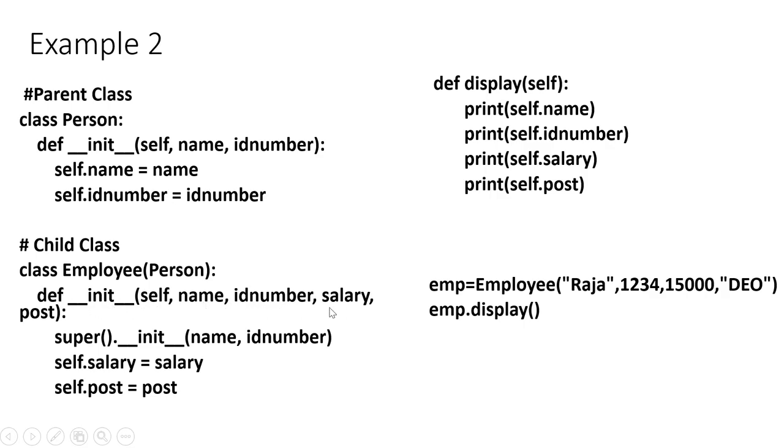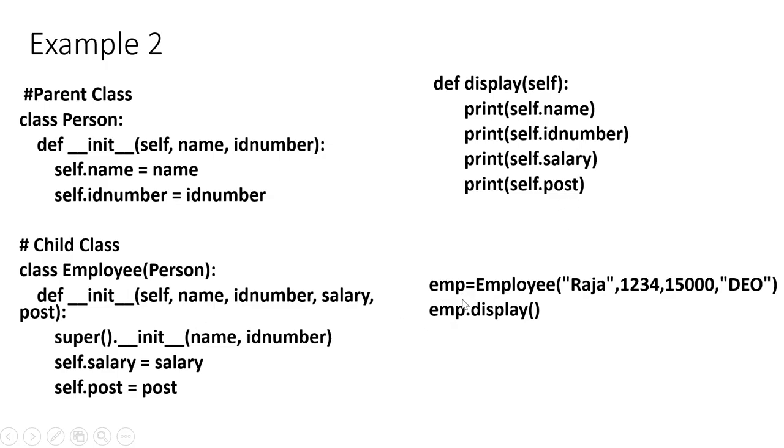Name, ID number, salary and post are the attributes. Two attributes are initialized in the parent class and the remaining attributes are initialized here. So super dot init, the parent class constructor name, then the attributes you want to initialize in the parent class are passed, and the remaining attributes are directly assigned here. Then there is a display function, which prints the values.